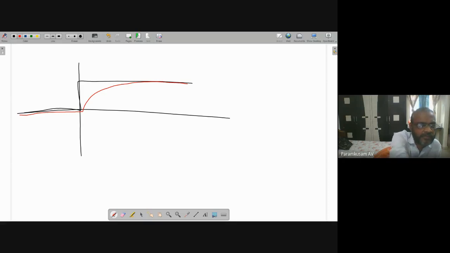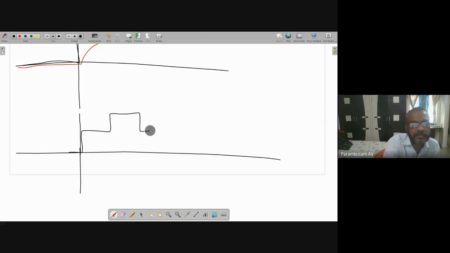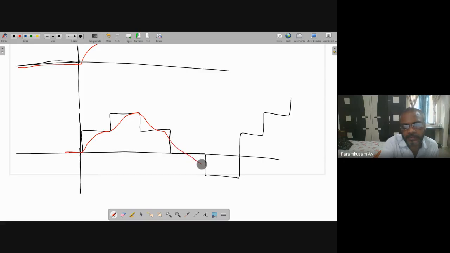So if we give a staircase input like this to the low pass filter, the step input rises suddenly, and as you studied in PDC, the low pass filter output rises slowly, and again rises slowly, and decreases slowly. The red output is almost like m of t.